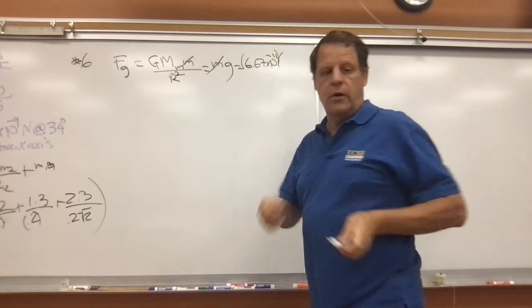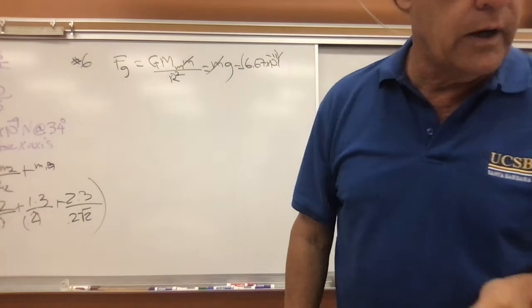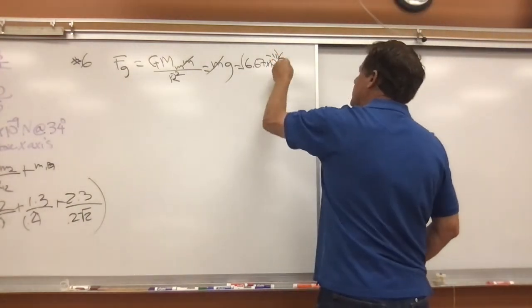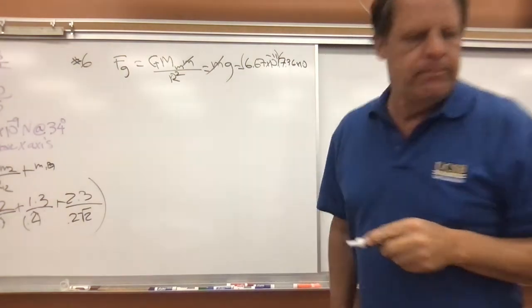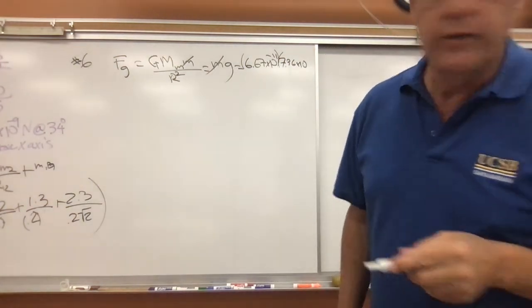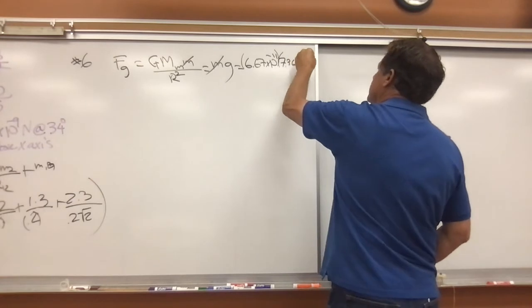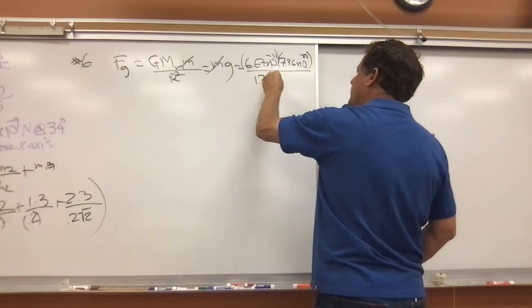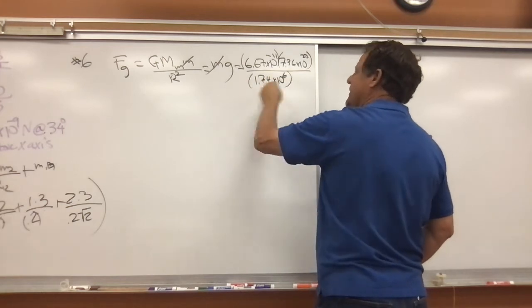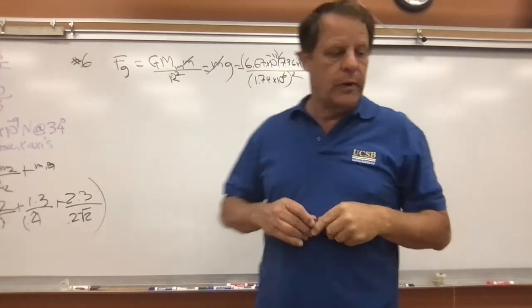And our mass again was 7.36 times 10 to the 22nd. And our radius is 1.74 times 10 to the 6th. And that does get squared.